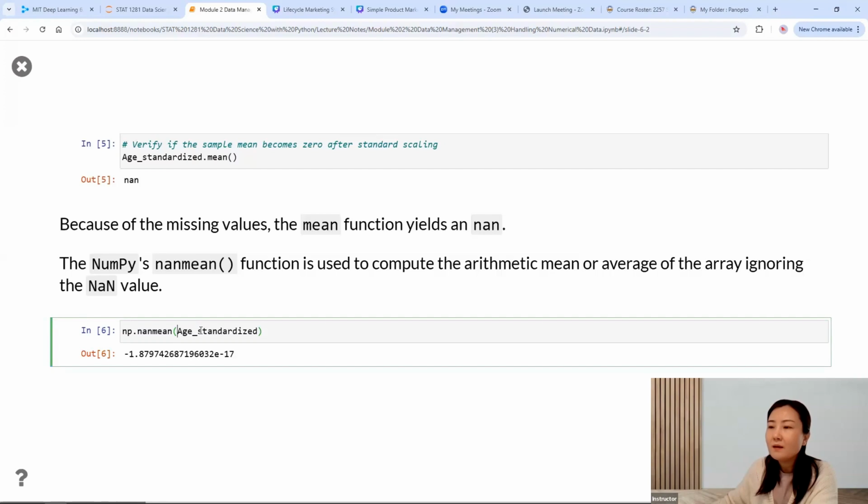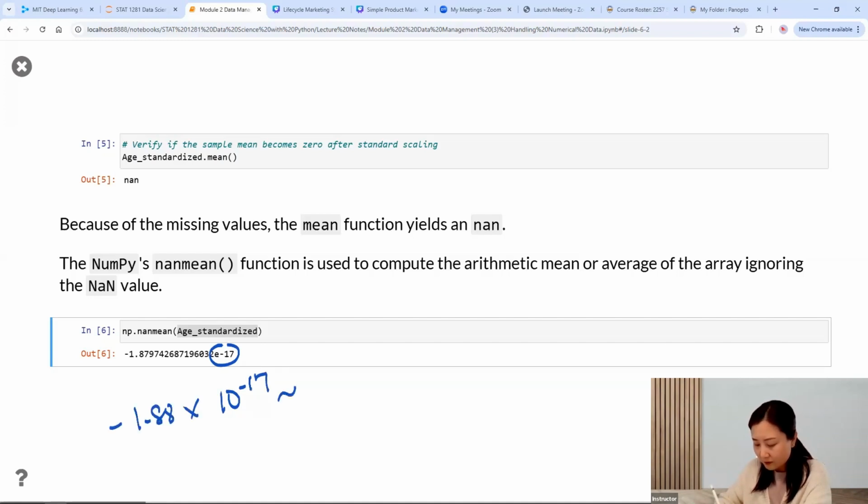See, the mean of the standardized age column is equal to this. Not exactly 0, but very close to 0. This is negative 1.88 times 10 to the negative 17, so it's very close to 0.